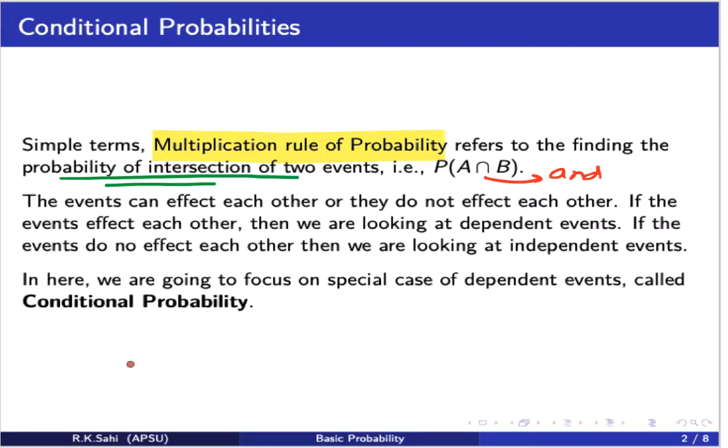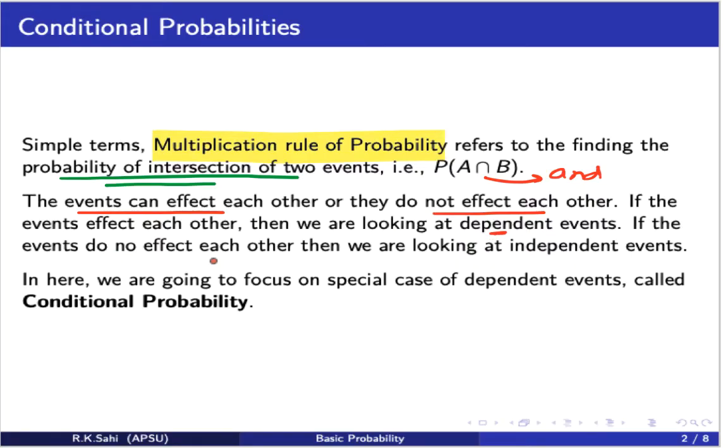Now, we're going to look at two scenarios concerned with events. In this intersection, either the events are affecting each other or the events do not affect each other. If the events are going to affect each other, we're looking at dependent events.